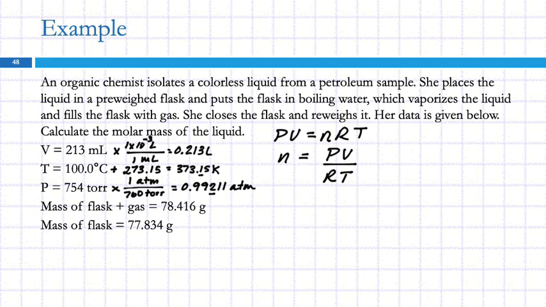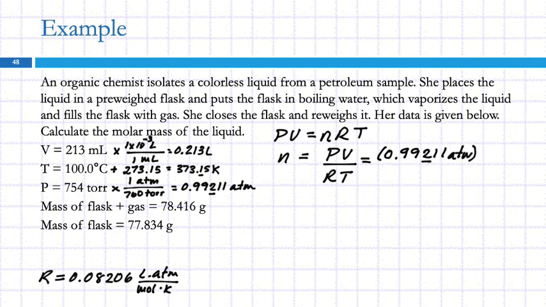And then, of course, we do need R. 0.08206 liters times atmospheres divided by moles times Kelvin. So we can plug our numbers in here. 0.213 liters. That was the volume. 0.99211 atmospheres. It would give me the same answer if I put the volume first, but I just want to avoid any extra confusion.